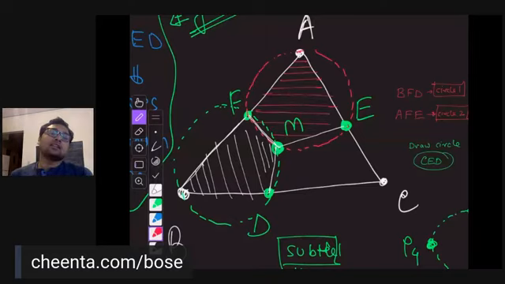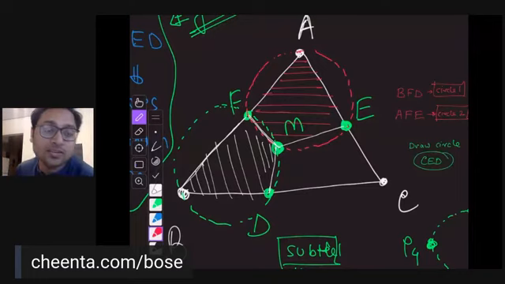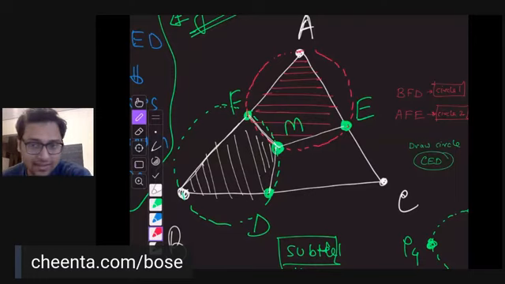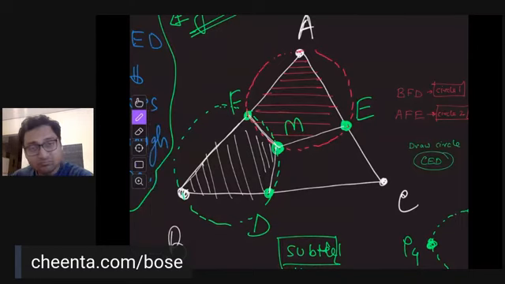So the red one is a cyclic quadrilateral and the white one is also a cyclic quadrilateral because all the 4 points lie on the same circle. That's the reason they are cyclic. One good thing about cyclic quadrilaterals is this, that opposite angles will always add up to 180 degrees. This is the property that we will be using.